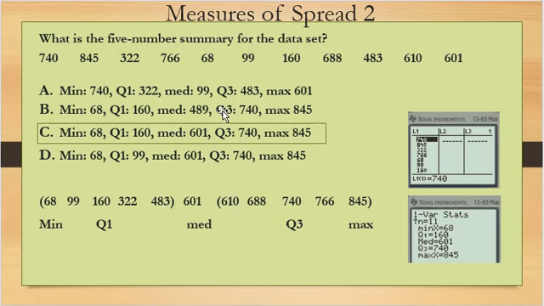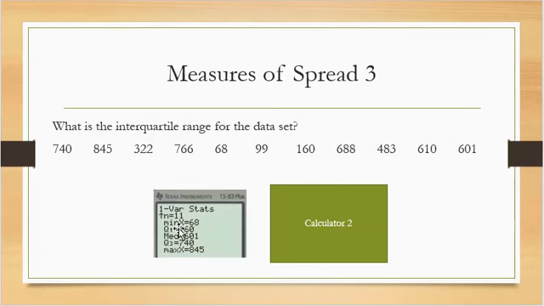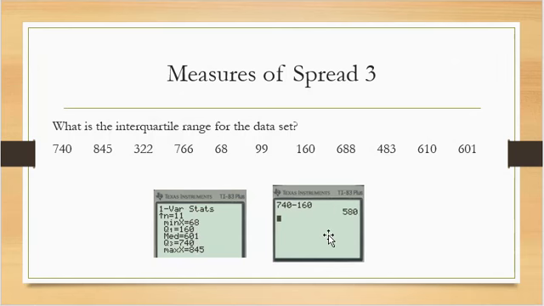So if I go back to my previous slide, I see that quartile 3 is 740, quartile 1 is 160. So what I'm going to do is I'm going to subtract those two. Oh, and I just put this back up here again so you could see that quartile 1 was 160, quartile 3 was 740. So in my calculator, I just take 740 minus 160, and I see that my interquartile range is 580.